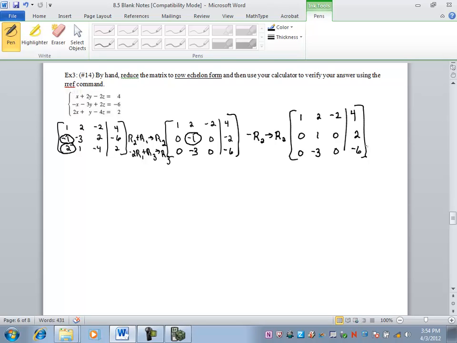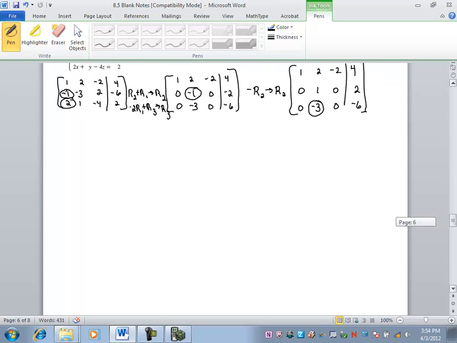So the next thing we need to do is work on this element here. I circle it so I can keep track of it, and I need it to be a 0. So what I'm going to do is recopy my top row, 1, 2, negative 2, 4. Recopy the middle row, 0, 1, 0, 2.